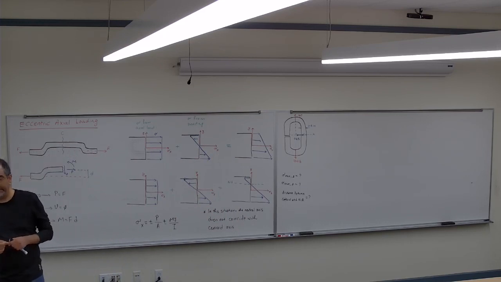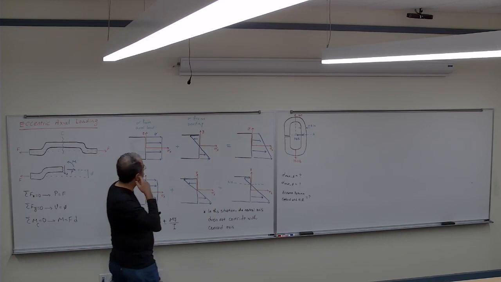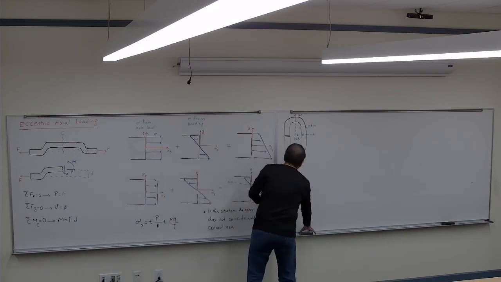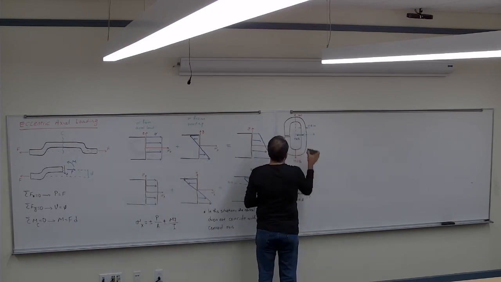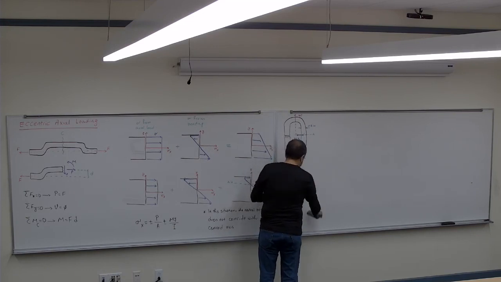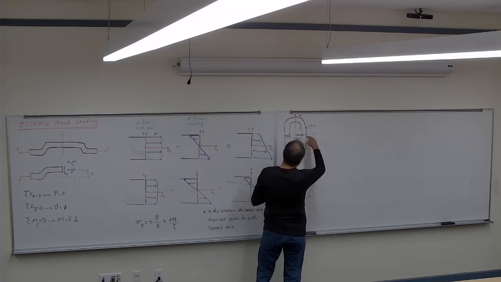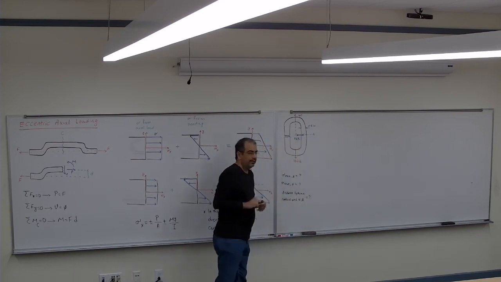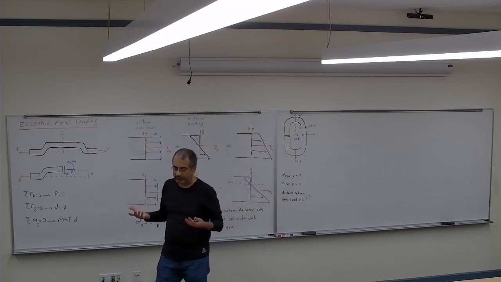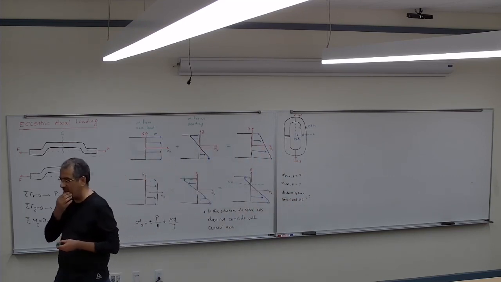So if this is the case, I have to go ahead and find everything that happened. So find the internal forces at that cross section. That's the first step that I want to know.